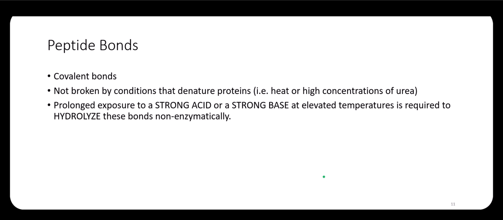If you want to break a peptide bond without enzymes, and it's easy to forget how to do it without enzymes, you're going to do it by raising the temperature and swinging the pH either very high or very low. We can break some of the other structures by raising the temperature or swinging the pH. And like I said, you tend to forget this because everything we're going to do is with enzymes.